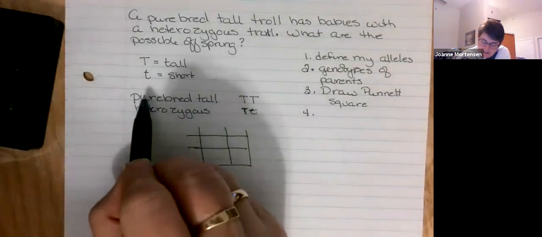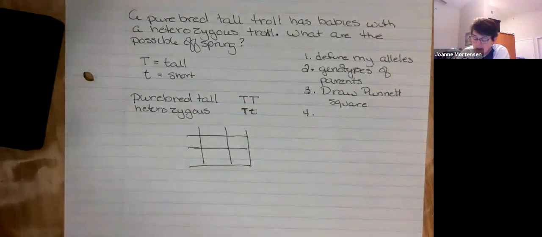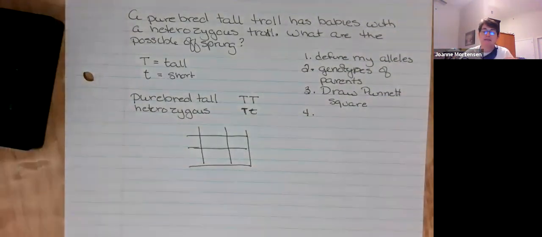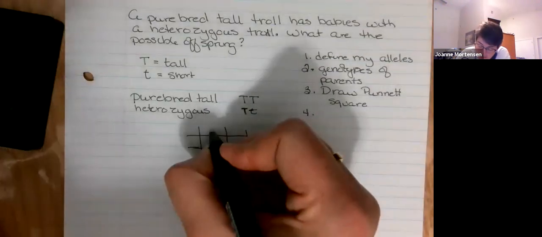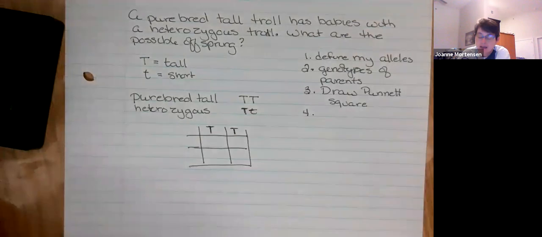Okay, let's say that this is the dad. That's the daddy troll. So daddy troll is going to make sperm. When sperm form, these two letters, they're going to separate, right? Then it goes through a process of meiosis. So each sperm can be carrying, well, it's not too exciting, a capital T.